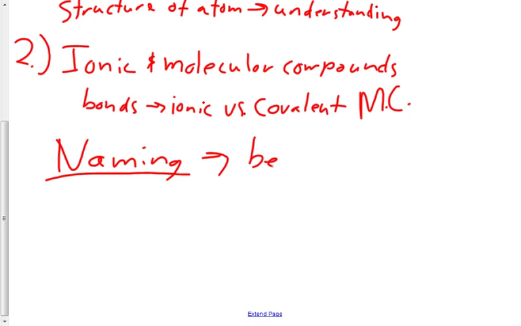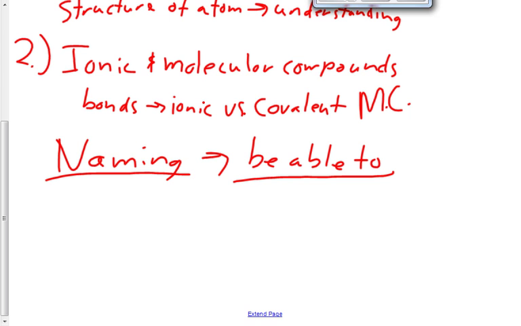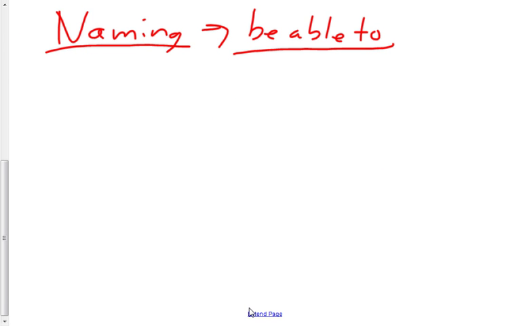Very simple. It's important for lots of different things. It's one of those fundamental skills that you have to have. Like we said, naming, got to be able to do that. Got to have the ability to get those reactions right, and things of that nature.